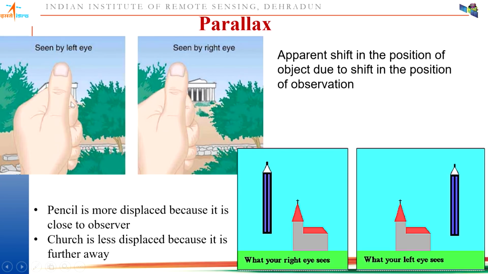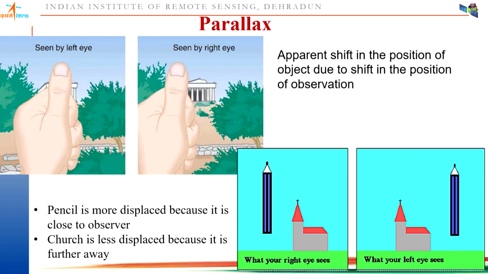Earlier it was obstructing this part, later on it is obstructing this part. So you feel that the finger is moving, whereas it is not moving. So apparent shift in the position of object due to shift in the position of observation is called parallax.